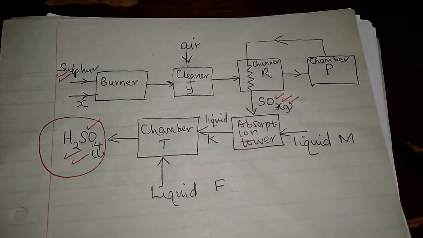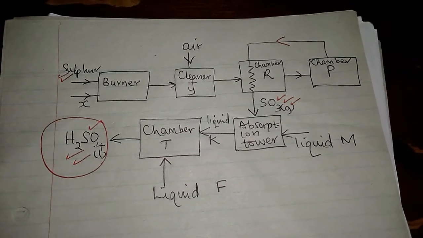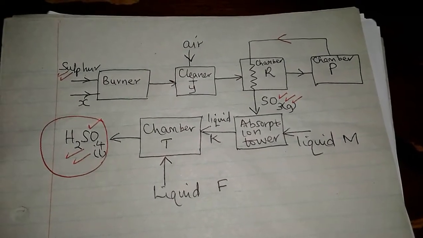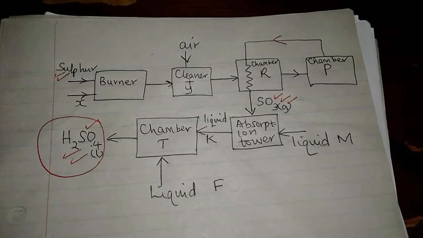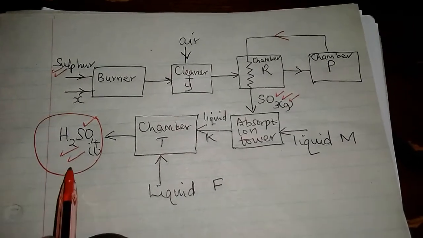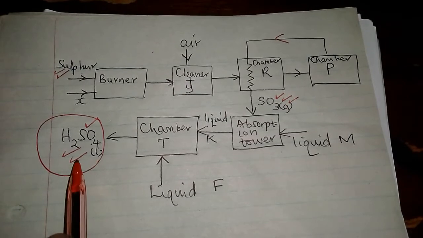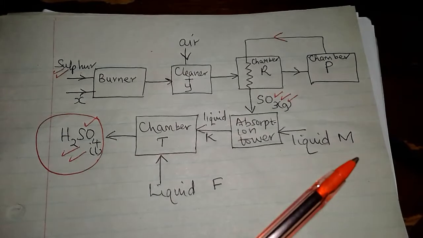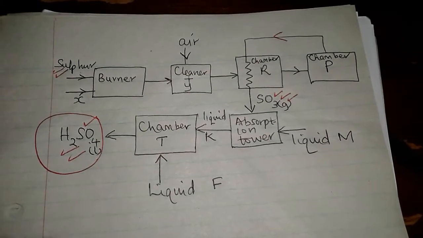compounds. So to be brief, I'm going to use this flowchart to just introduce some concepts in as far as this area is concerned. If you observe keenly, you can see some things that give us a hint that this has been extracted from sulfur and its compounds.